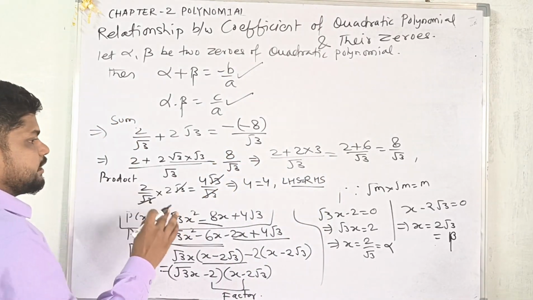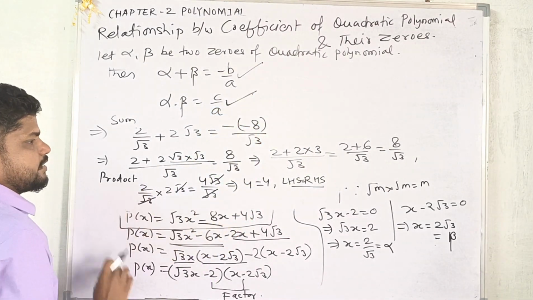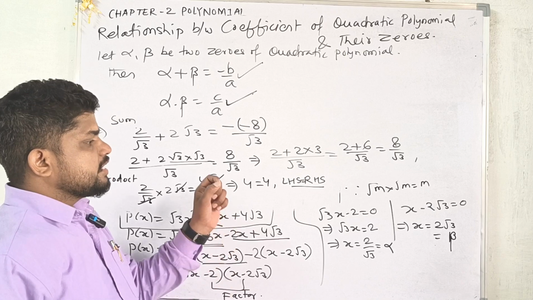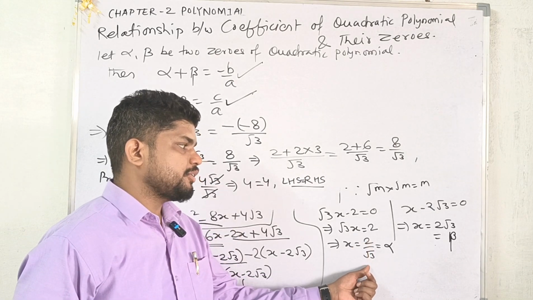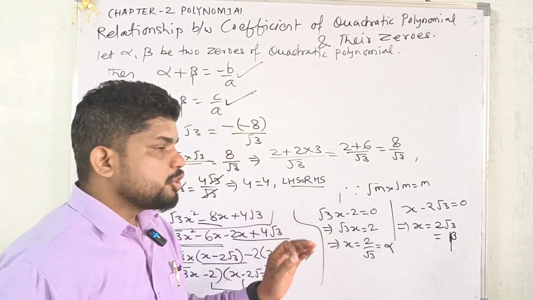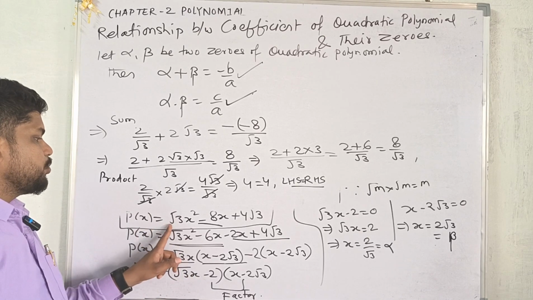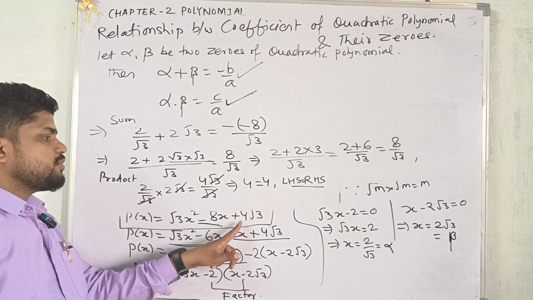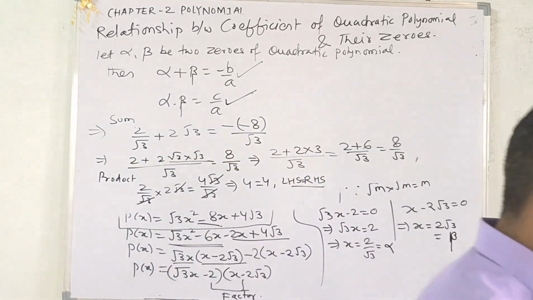So the product part is also satisfied. Hence the zeros of this quadratic polynomial, alpha equals 2 by root 3 and beta equals 2 root 3, are true and fully satisfied for this equation, root 3 x square minus 8x plus 4 root 3. Let us take another example.